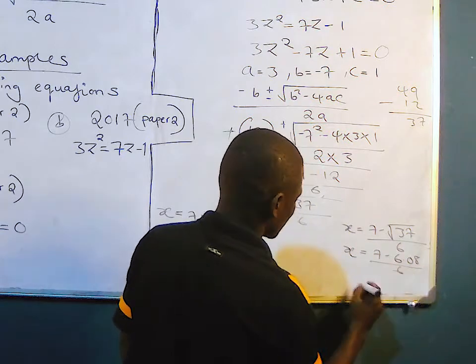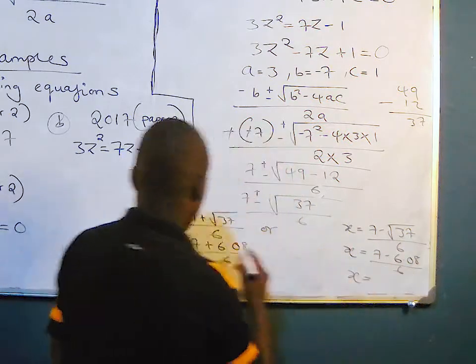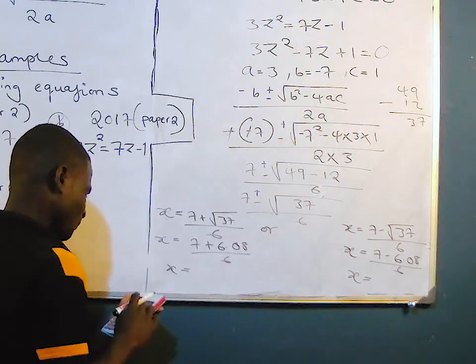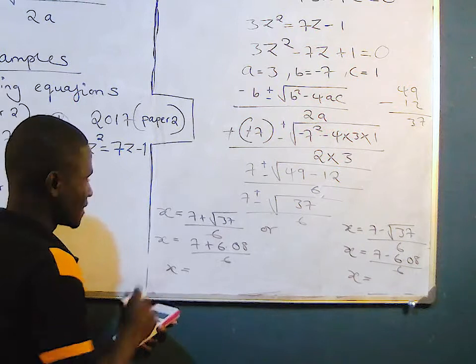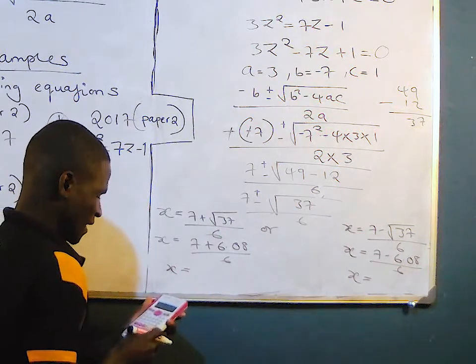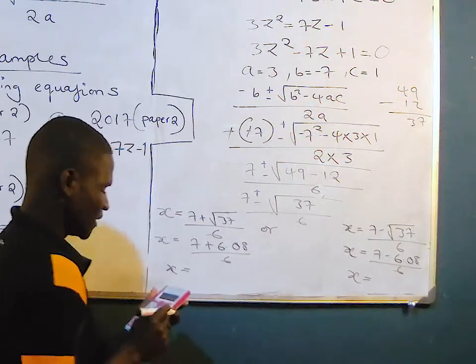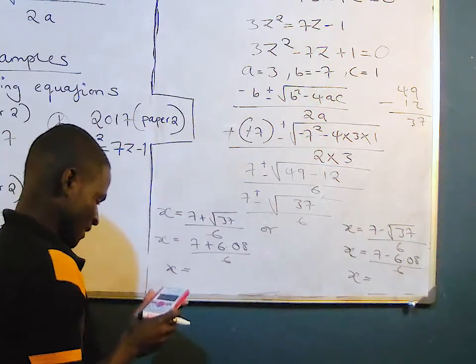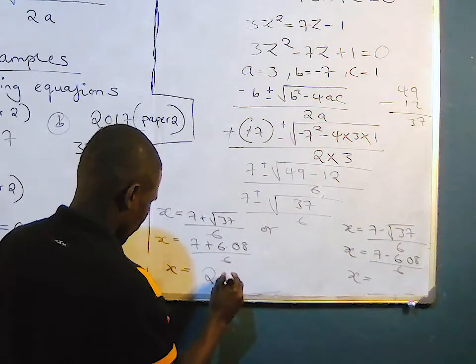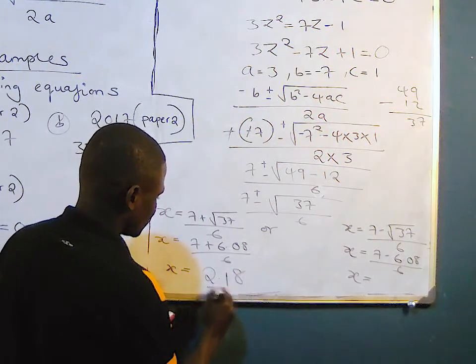So x is equal to, we add 7 plus 6.08, which gives us 13.08, we divide by 6, which is 2.18.